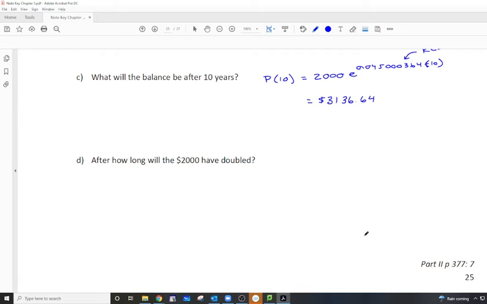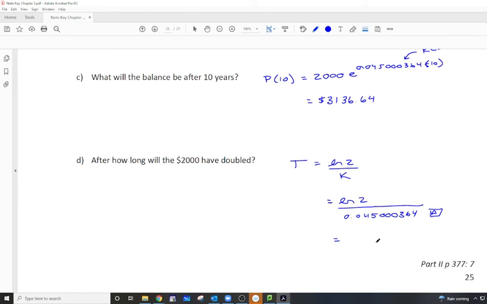All right, last bit of this one. After how long will the $2,000 have doubled? Again, you could put $4,000 in for P of t and then solve the equation, or you can use the shortcut. We are finding doubling time, so that's going to equal ln 2 over k. So it's going to be ln 2 over that huge decimal, 0.0450000364, or simply A. I often just put a little A in the thing because I remember that I've stored it as that.